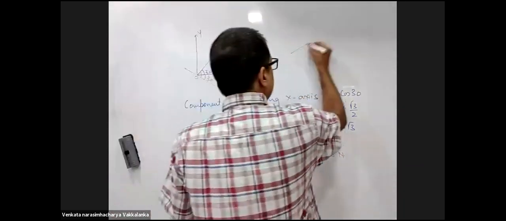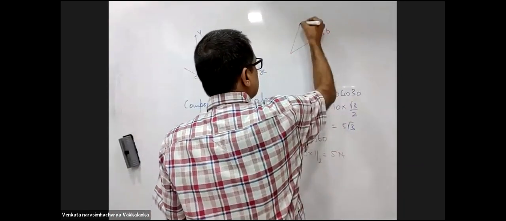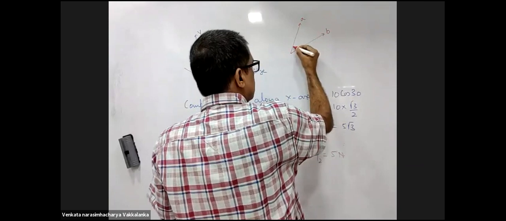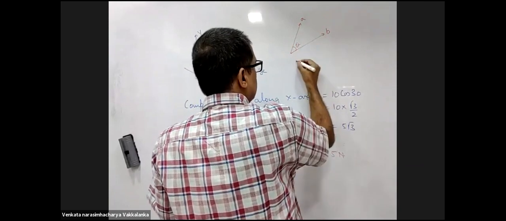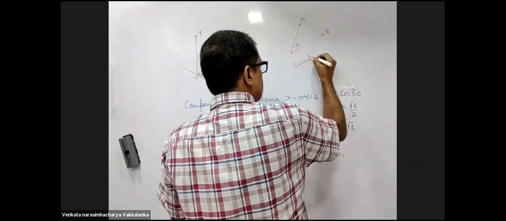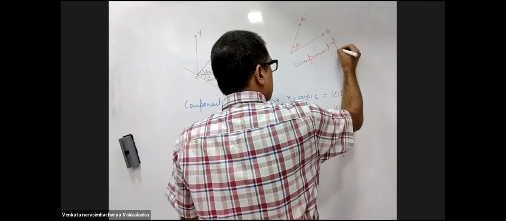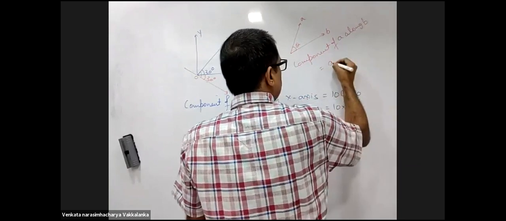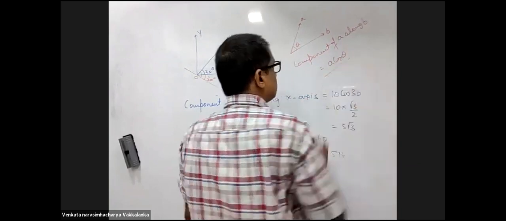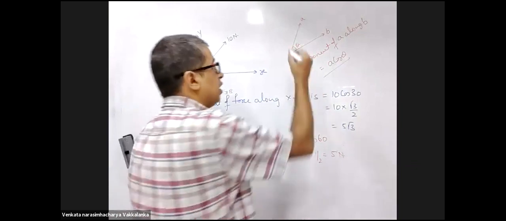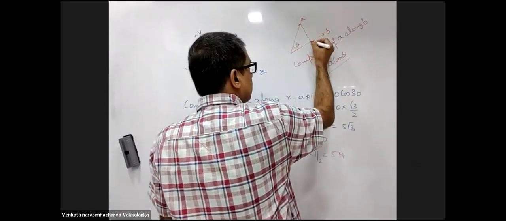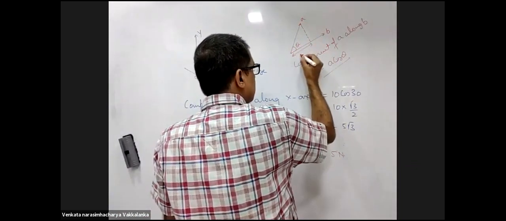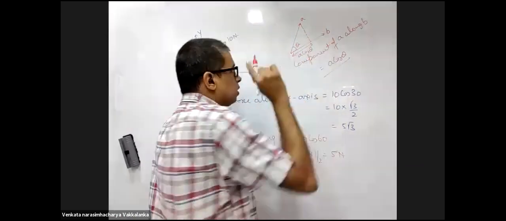Whenever I give you a vector B like this, vector A like this, component of A along B will be A cos theta. And how do I get that? Drop a perpendicular. This will be A cos theta.